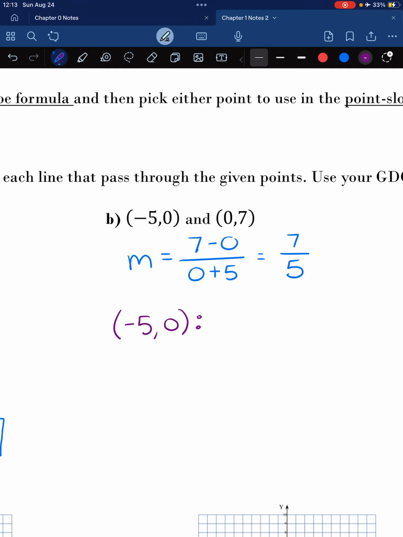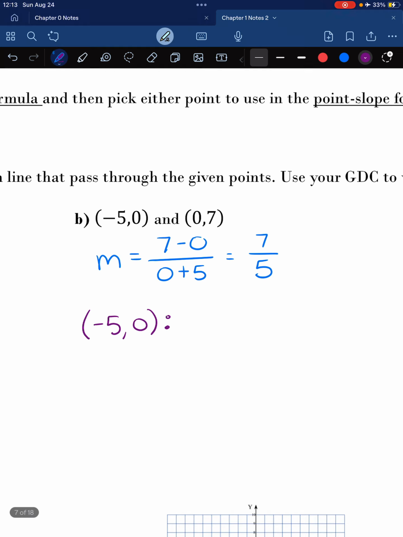And it does ask for 2 different equations using point slope form, so I'm going to go ahead and do that, even though I could use slope intercept form here. m times x minus -5.